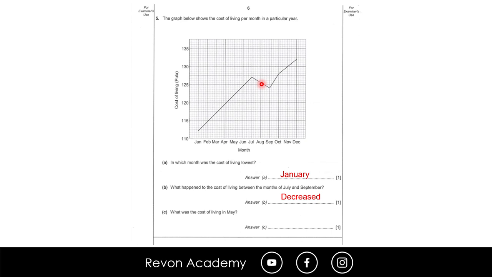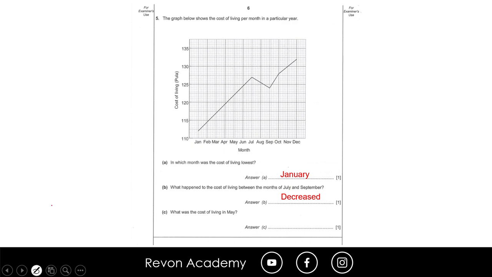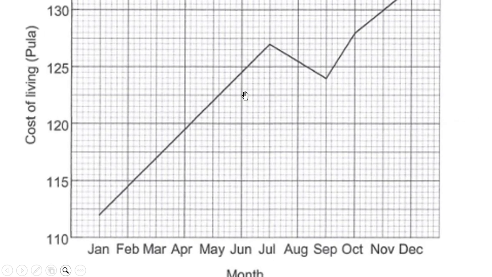C says, what was the cost of living in May? So this one is very easy. All you have to do is make sure that you align the cost of living and the month. Let's try. I did not use my tools, but let me try to zoom in.